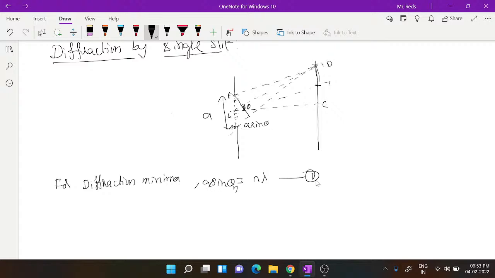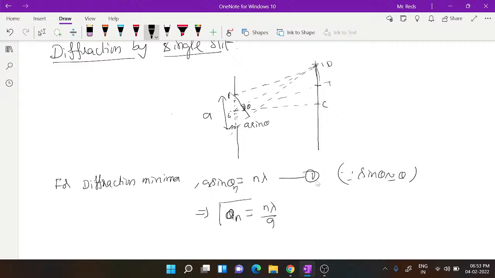Then for smaller angles, sine of the angle is approximately theta. Sine theta is approximately theta. By taking this, you can write a theta n is equal to n lambda. So from this, theta n is equal to n lambda by a.